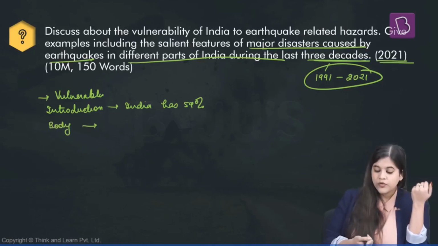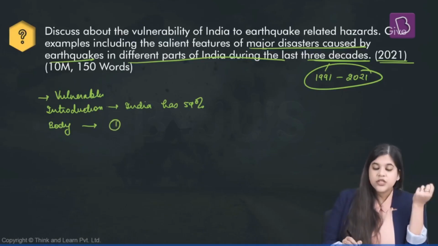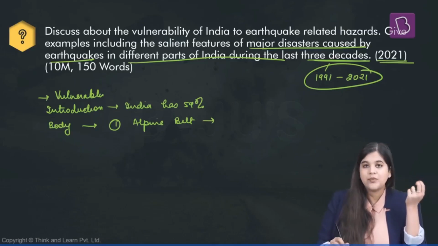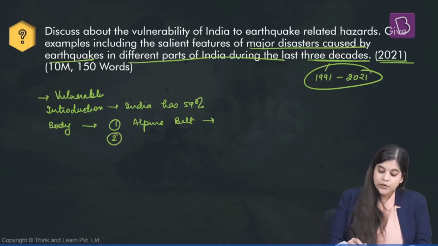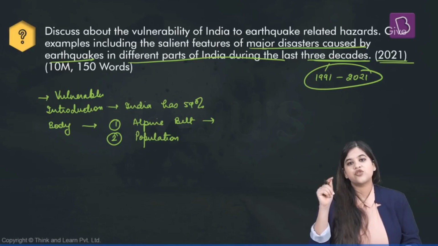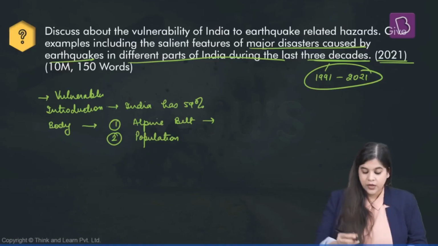In the body, you will first mention how India is vulnerable. First, you will talk about the alpine belt and India's location in this belt, which increases its vulnerability. Second, you will talk about India's population, and because of the high density of population, any small hazard can turn into a disaster.